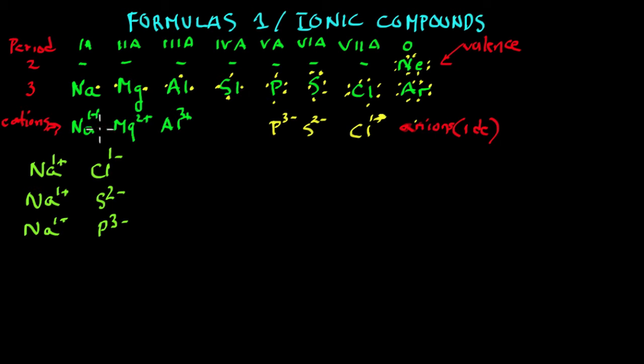The metals, you just name them. So this becomes a formula, sodium chloride. The plus 1 and the minus 1 adds up to 0. NaCl. Sodium chloride is a mineral, halite. It comes in a lot of different colors.